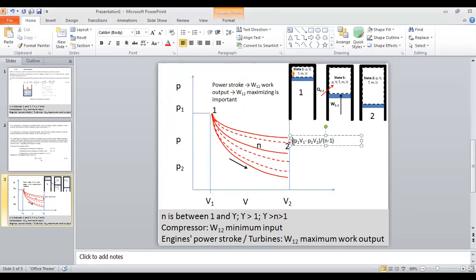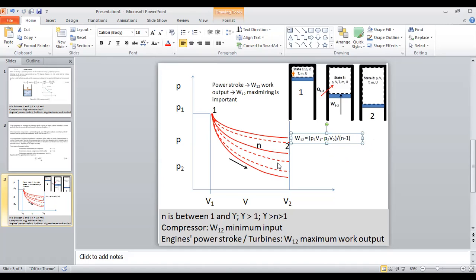So this is W12. This is not the topic I was supposed to discuss today, but let me do this.